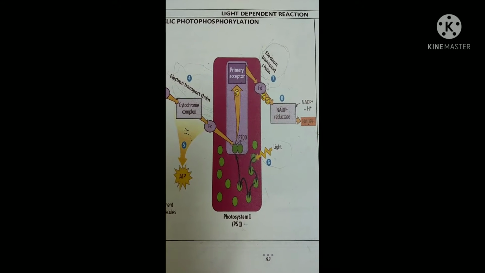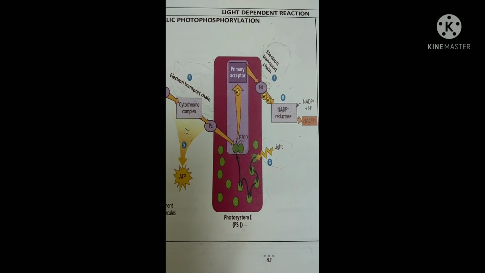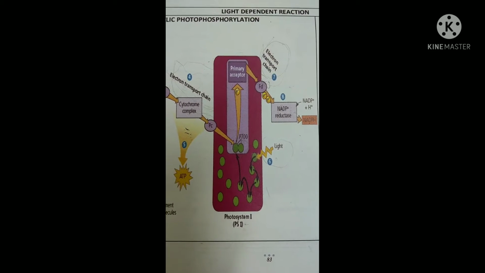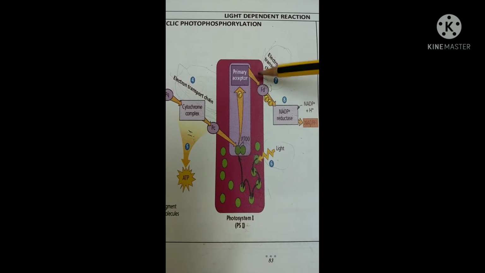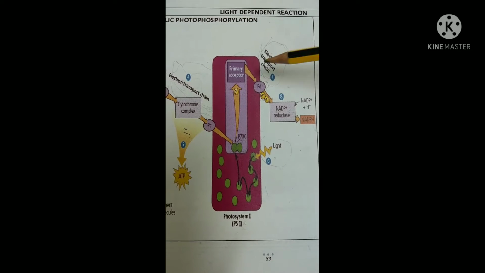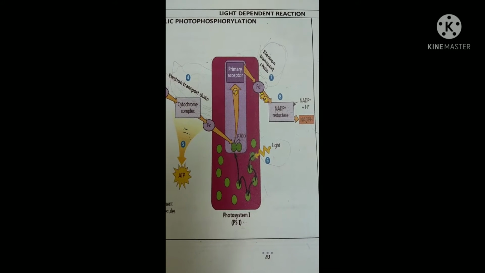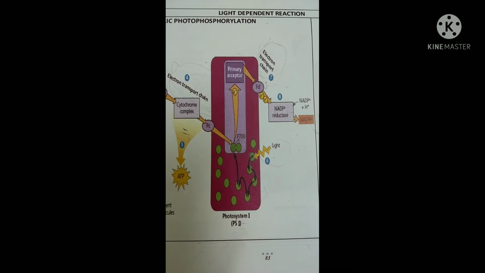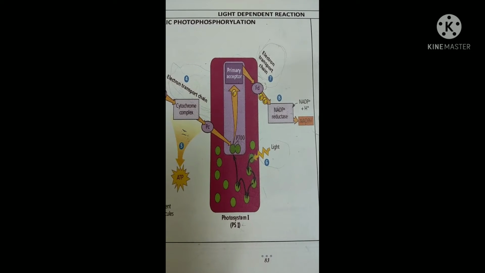And then the electron in this molecule will excite and move to a higher level until it is accepted by the primary acceptor. So the excited energy will oxidize the P700 and it becomes P700 plus.